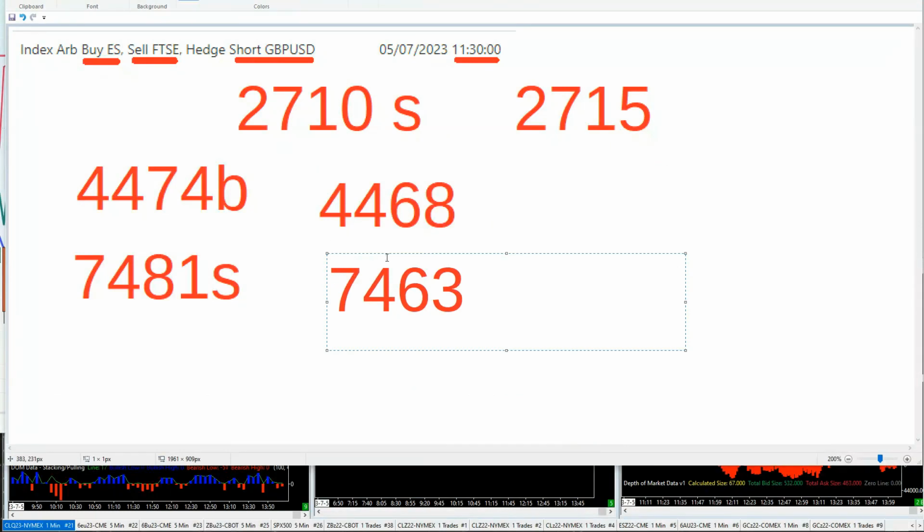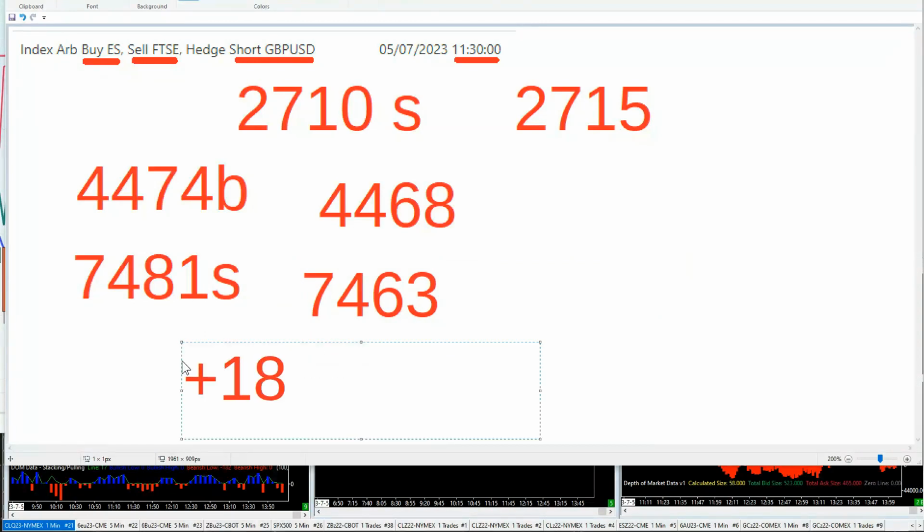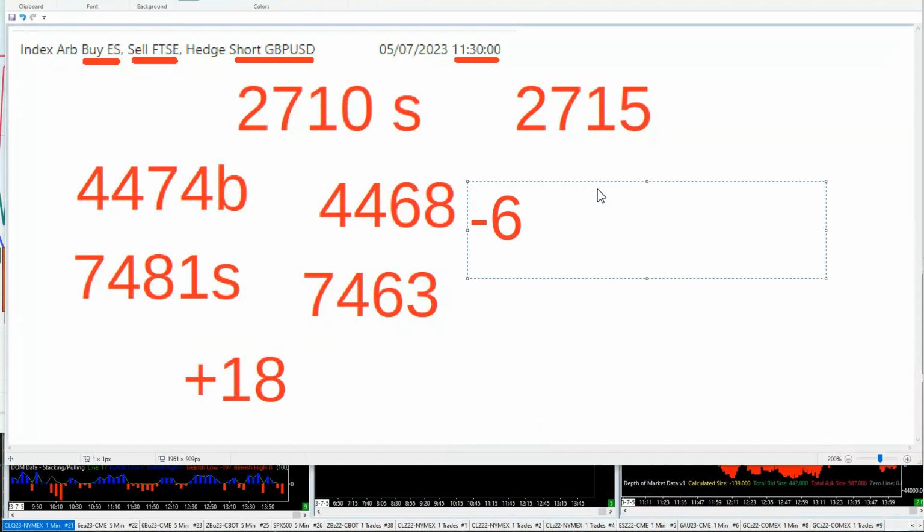So obviously when we're looking at that, we can see that there's a couple of interesting elements to it. Of course, the big winning trade is the FTSE short sell, which is plus 18 points. Now, the S&P trade is losing money, losing 6 points. Pound and dollar, about the same in this one.